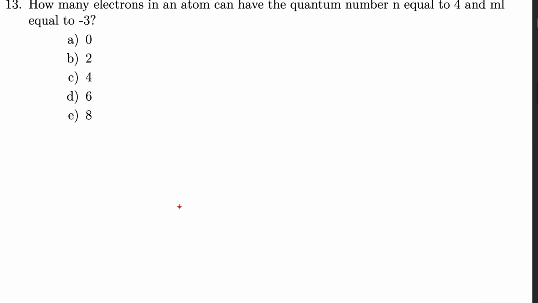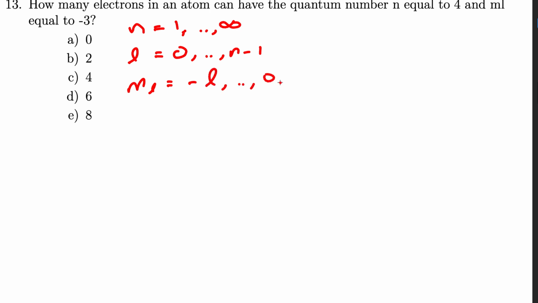How many electrons in an atom can have quantum numbers n equals 4 and m sub L equals minus 3? Again, n goes from 1 up into infinity, L goes from 0 to n minus 1, m sub L goes from minus L through 0 to plus L, and m sub s is plus 1/2 or minus 1/2.